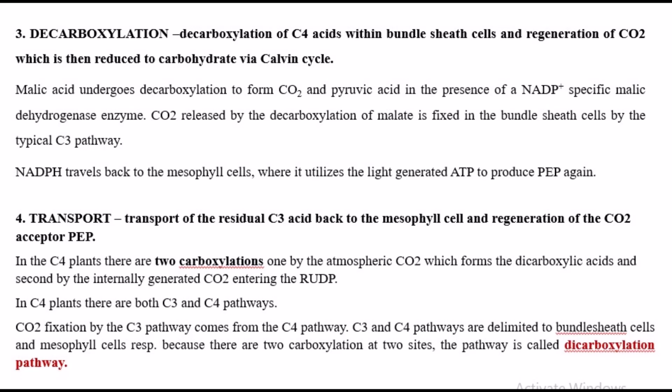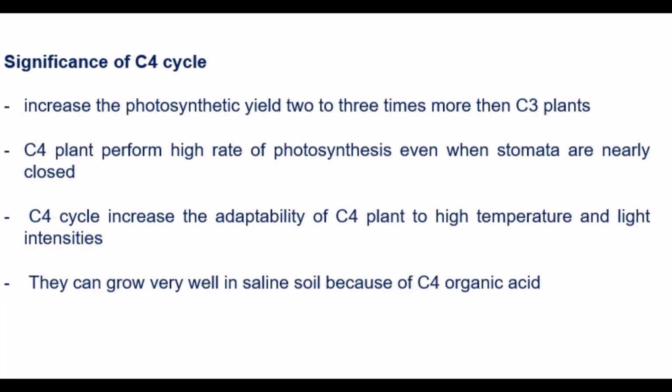Thus, in C4 plants, we see two carboxylations taking place. The first carbon dioxide is fixed in the mesophyll cells, and the second carbon dioxide fixation takes place in the bundle sheath cells. Thus, this pathway is also called the dicarboxylation pathway.